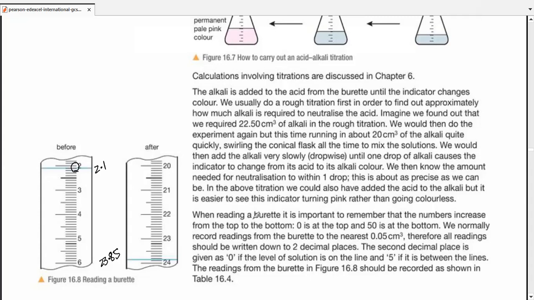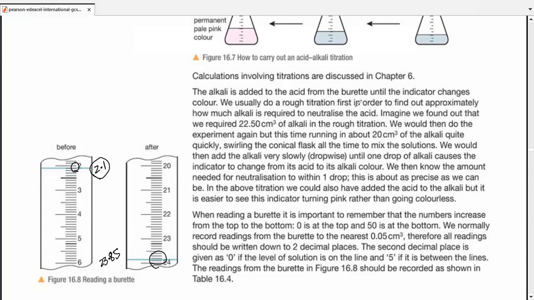So we can always work with this. Can you understand how I took it to be 23.85 for this one to be 2.1? Yeah, good. That's on the line. So the alkali is added to the acid from the burette and the indicator changes color.